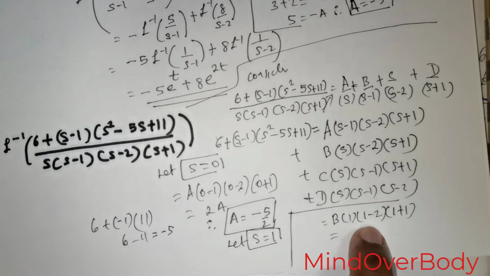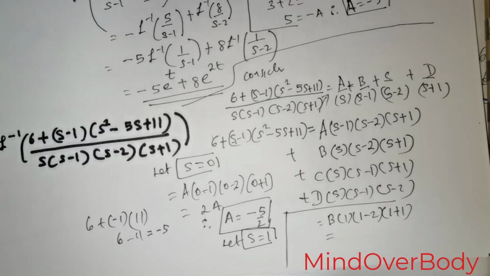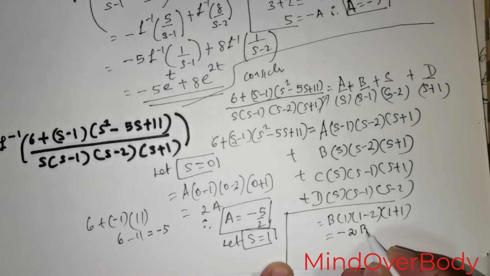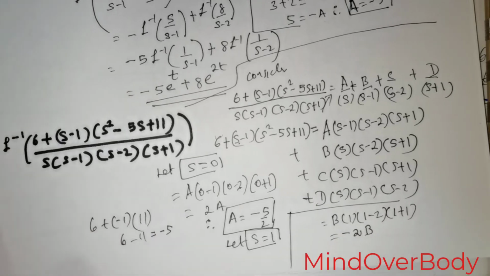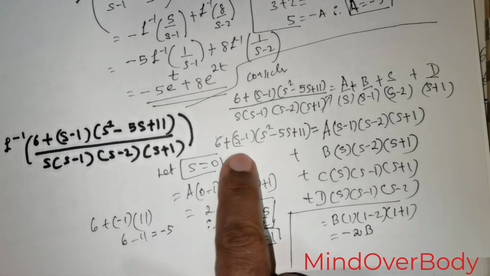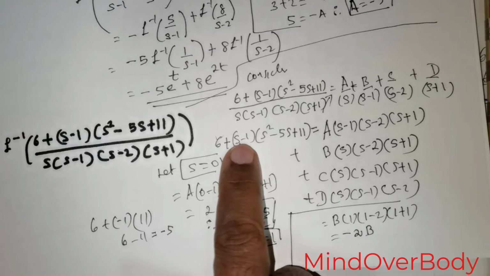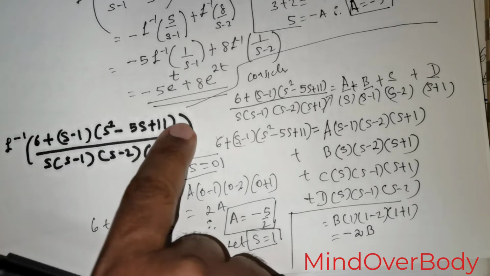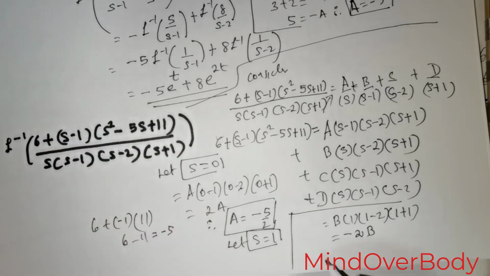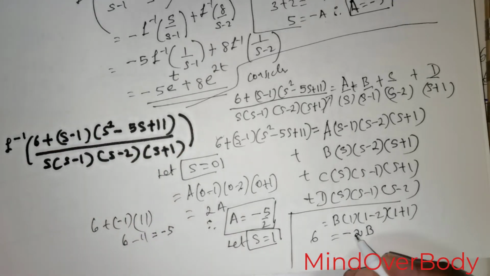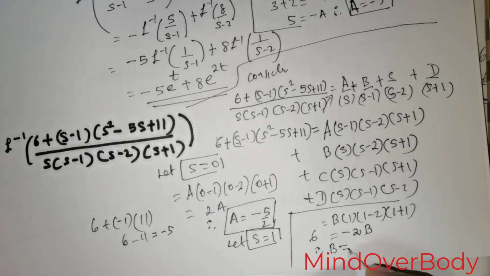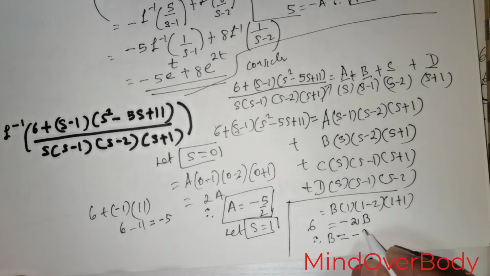I get a negative 1 here, this is 2 minus 2, so it's going to be negative 2 times b. On the left side I need to substitute s is equal to 1. If I substitute s is equal to 1, this goes off clearly, right? S is equal to 1, this entire thing will become 0. I just get a 6. So 2 divides 6 three times, so therefore the value of b is negative 3.